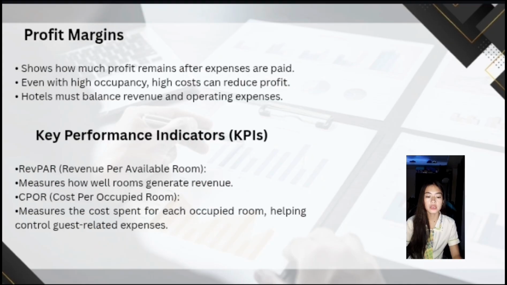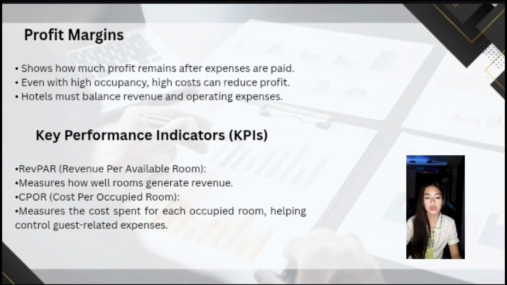The total operating expenses, such as staff salaries, utilities, laundry, and guest amenities, cost 350,000. The profit margin shows how much money the hotel keeps after paying all the expenses.